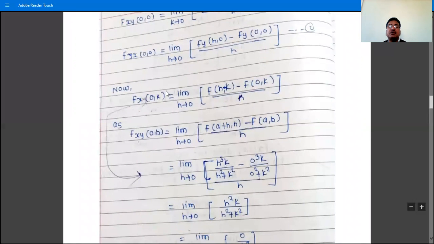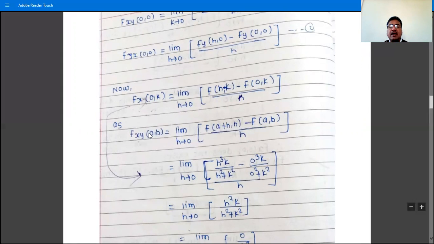So how can we write fx(0,k)? Use this definition, but here, don't write fxy, write fx(a,b). What is fx(a,b)? It is the limit as h tends to 0 of f(a plus h, b) minus f(a,b), divided by h.